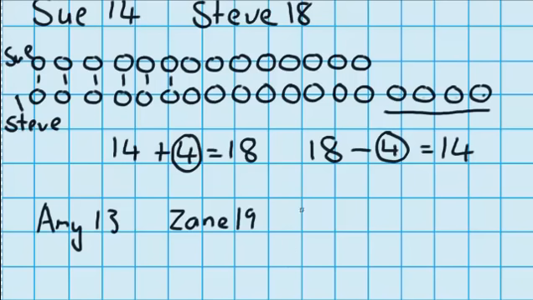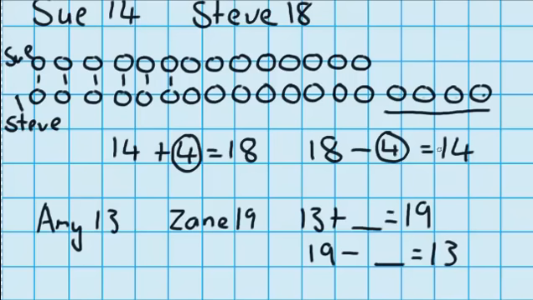We could say 13 plus what would equal 19. So that's Amy's 13 plus how many more counters would equal 19. Or we could say 19 minus something equals 13. That's Zane's 19 counters minus some amount equals 13.